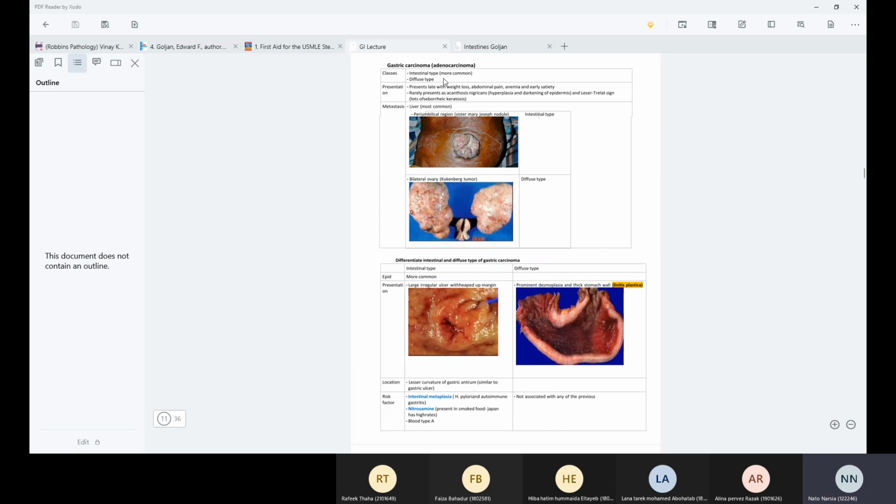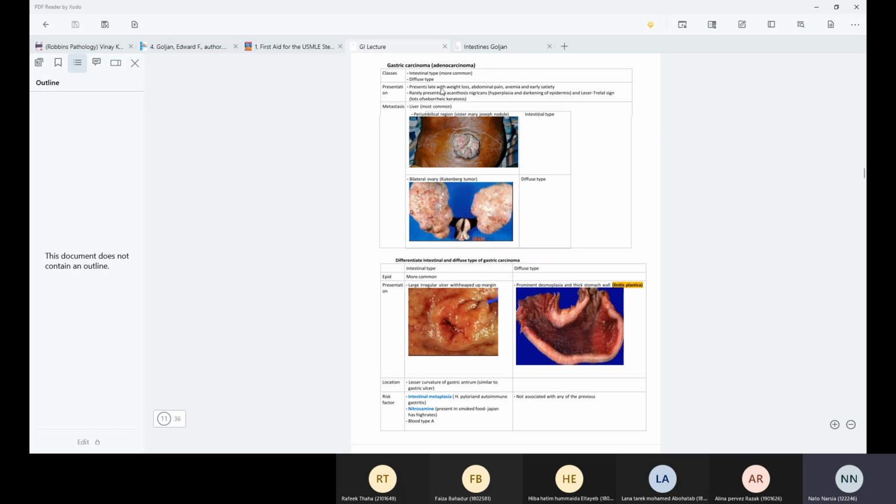So adenocarcinoma, as I mentioned already, has 2 types, intestinal and diffuse. Intestinal is more common, and you find it in case of risk factor. What is risk factor is chronic gastritis. But it can arise de novo as well. But diffuse type is de novo usually. It does not have precancerous condition.